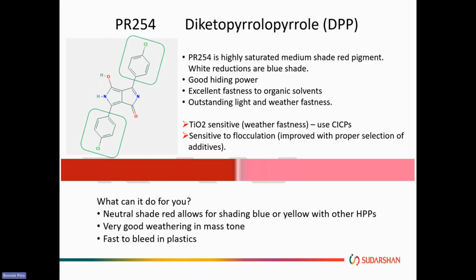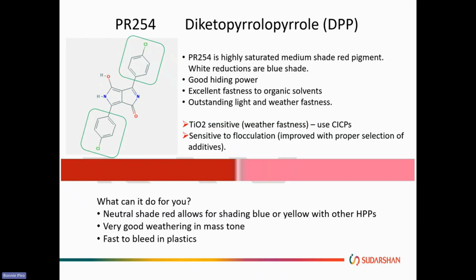What can Red 254 do for you? As I mentioned earlier, it's a more neutral shade red, so it allows you to shift the color that you're looking for, either to the blue side or to the yellow side, using other high performance pigments to get to the shading space that you're looking for.